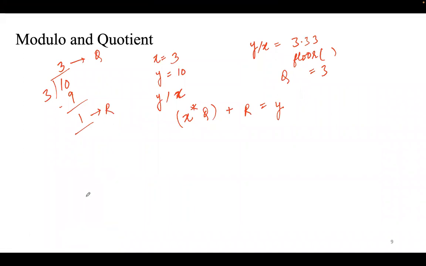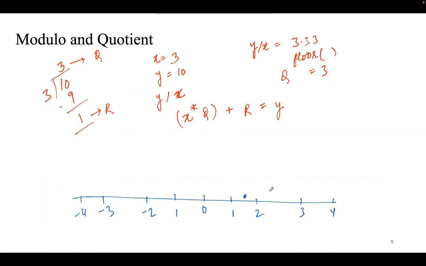So if I just draw the number line, this is 0. Let's say this is 2, this is 3, this is minus 2, and this is minus 3. Okay, so this is my number line. Now, if I have a number here, let's say it is 1.7, what is the integer just below this?